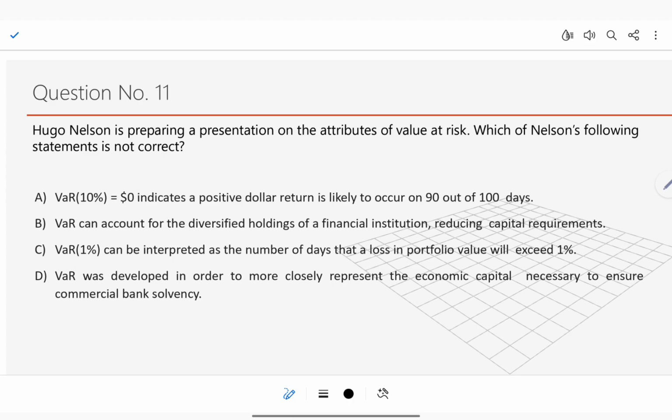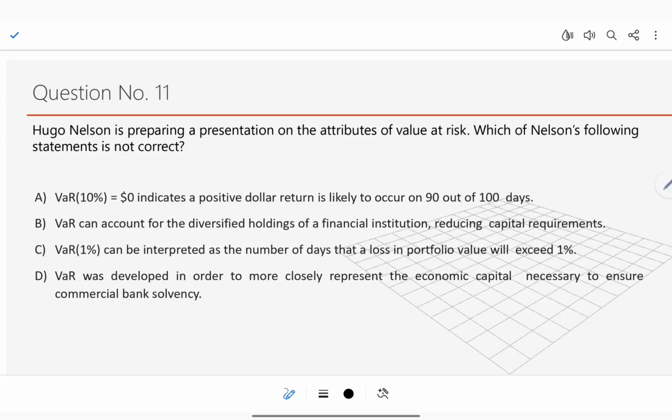So Nelson is preparing a presentation on the attributes of value at risk. Which of Nelson's following statements is not correct? The focus word is "not correct," so we have to see which one is not correct.